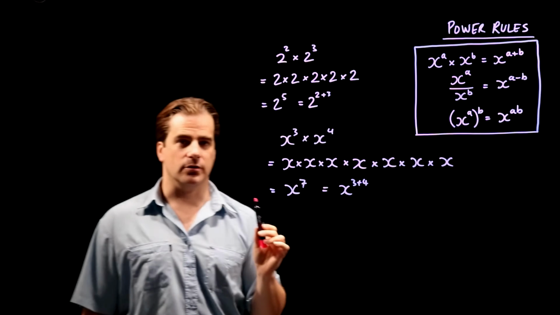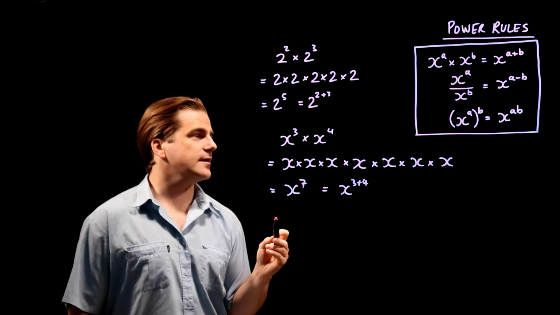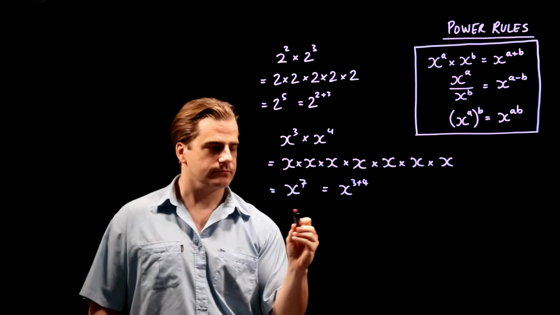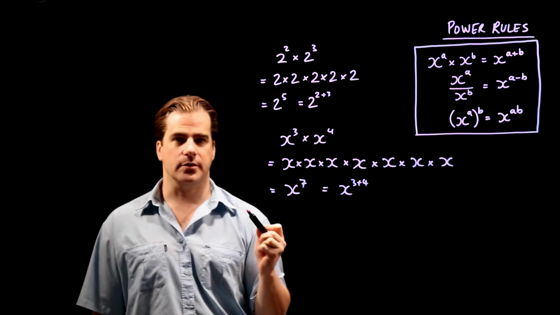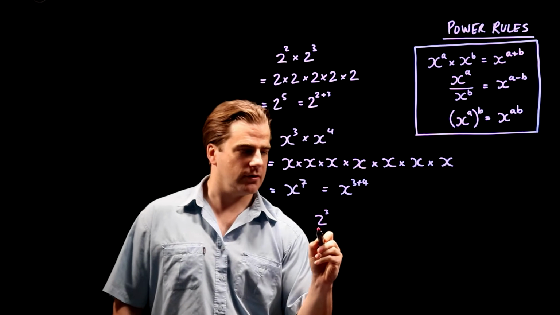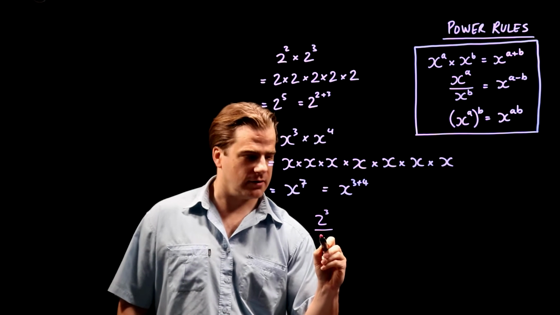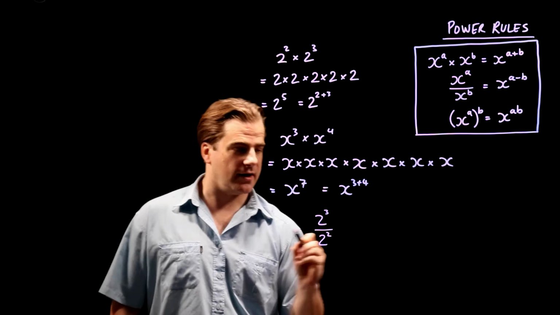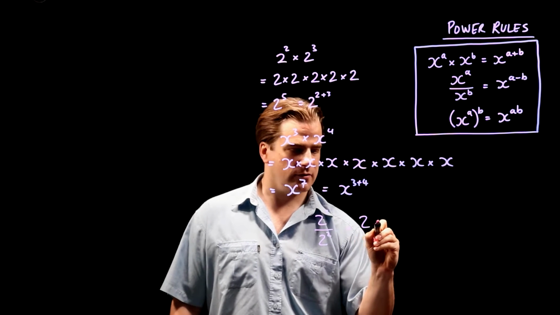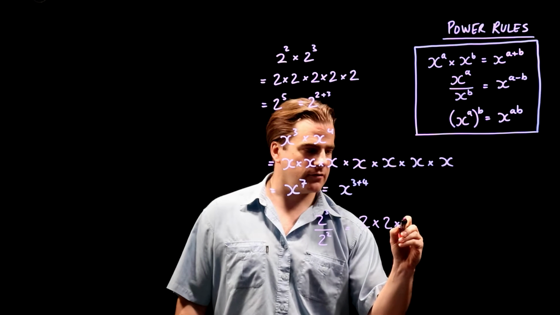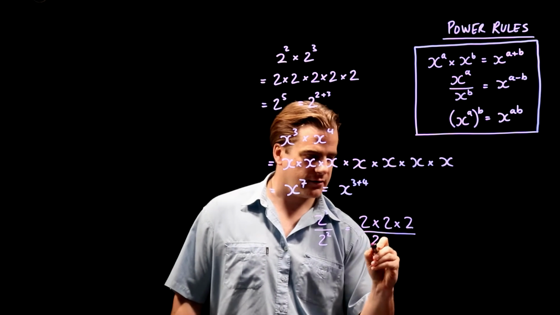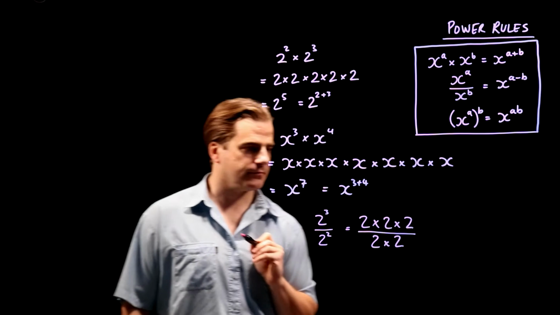Let's look at the division rule now. X to the A divided by x to the b. So let's do, for example, 2 cubed divided by 2 squared, right? That's 2 times 2 times 2 divided by 2 squared is 2 times 2.